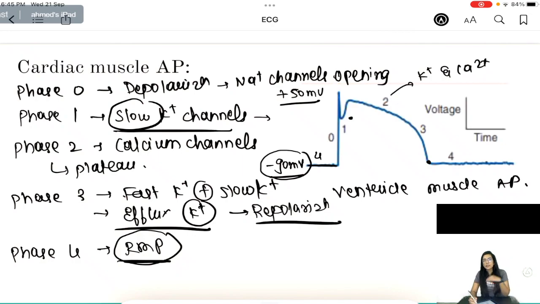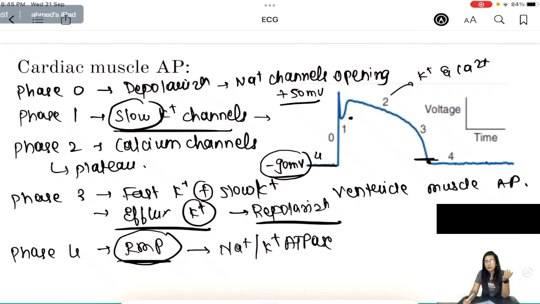At this stage potassium is outside and sodium is inside, so we have to bring that equilibrium back, that resting membrane potential. Potassium has to come inside and sodium has to go outside. This is done by the Na plus K plus ATPase pump.